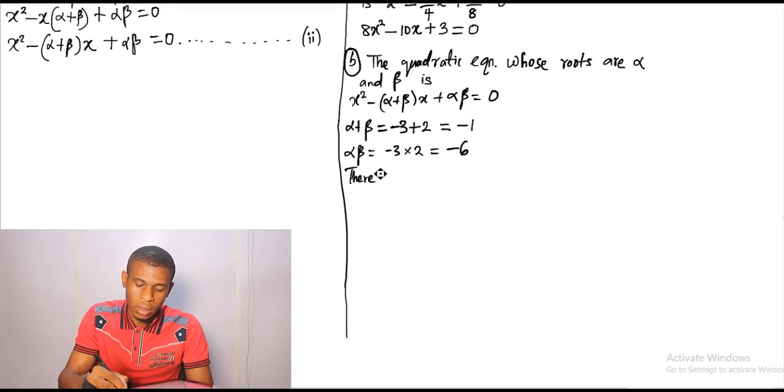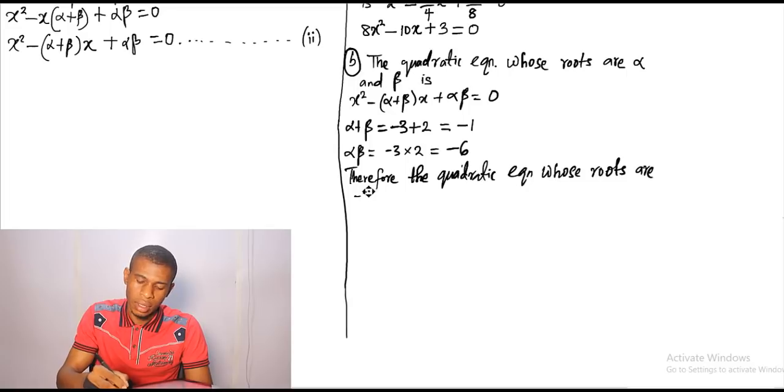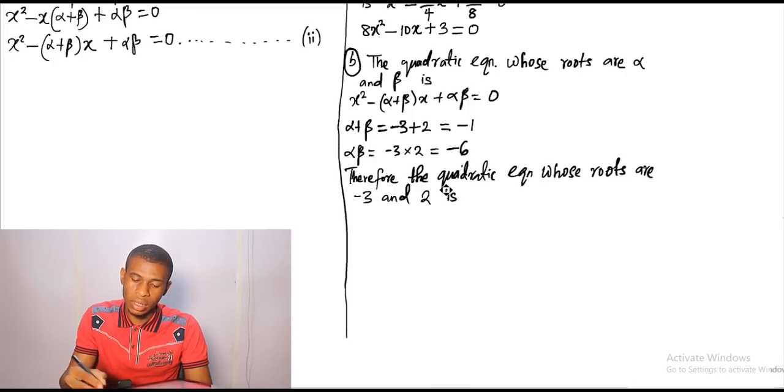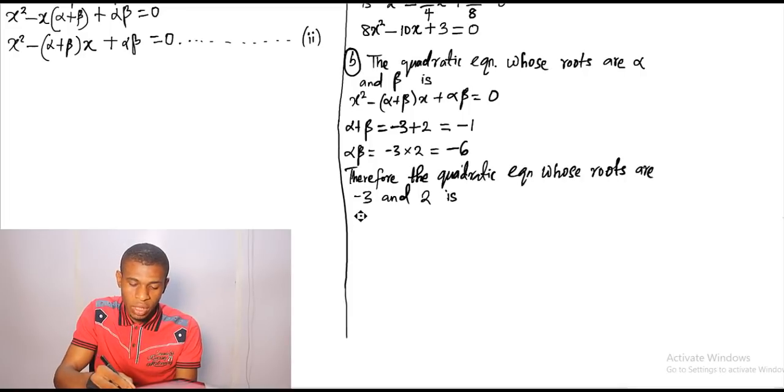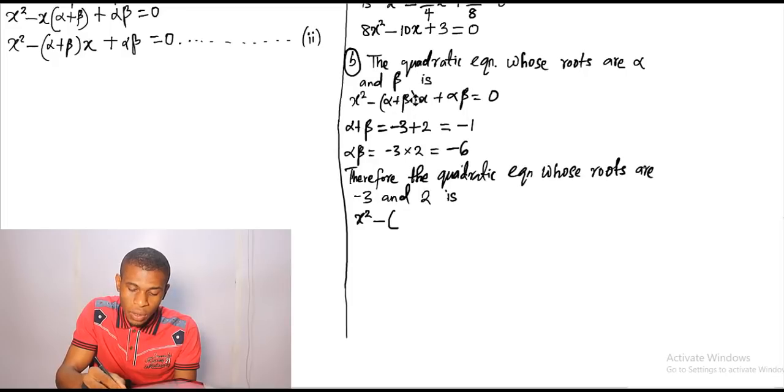Therefore, the quadratic equation whose roots are minus 3 and 2 is, put in the values, you have x squared here, you have minus here. Now, what is your value for alpha plus beta? You have minus 1 there, you have x.